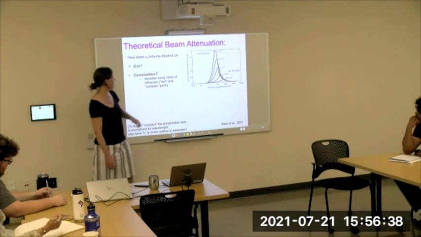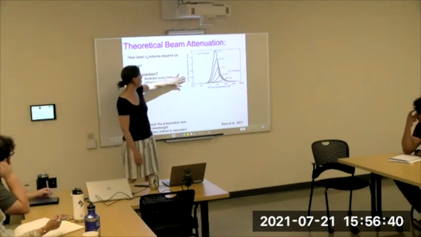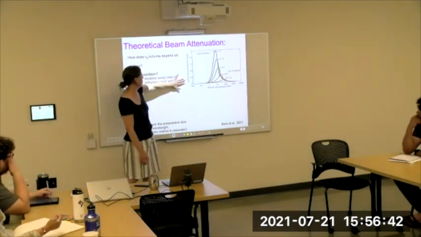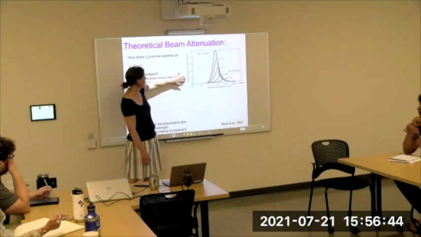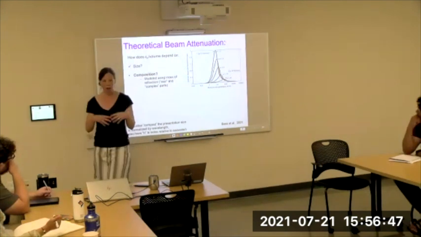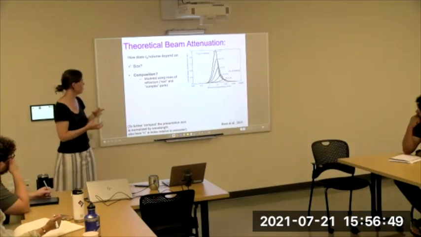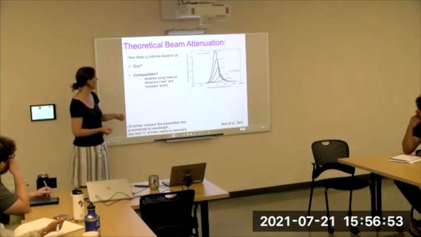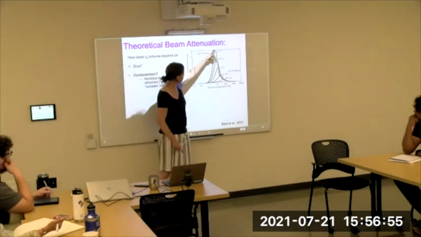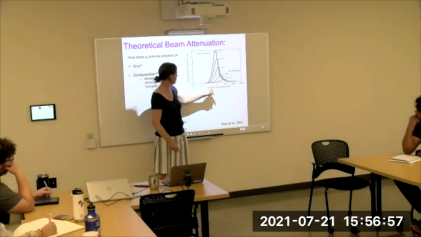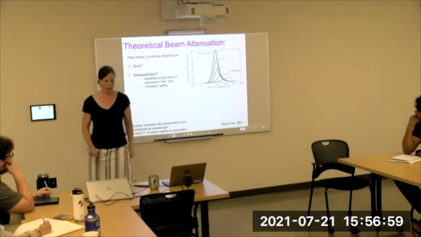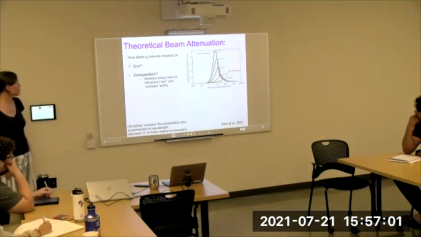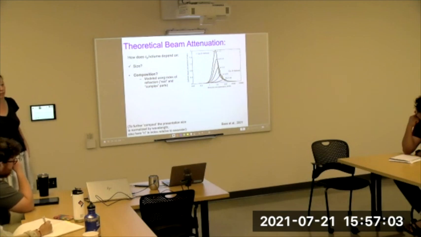So in this upper panel here, we're looking again at the beam attenuation modeled with Mie theory divided by the volume of particles in the modeled scenario. And you can see that there's this shift in the sensitivity of beam attenuation as a function of refractive index, right?